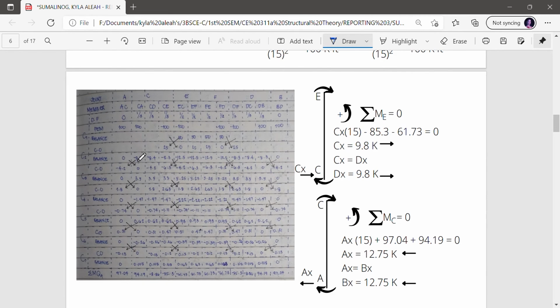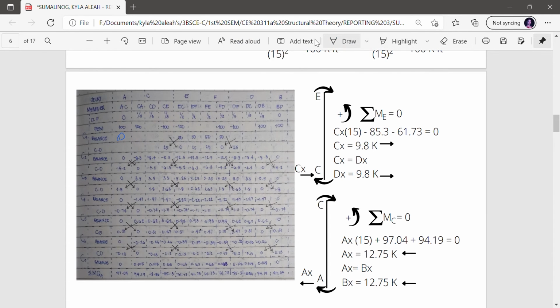So on joint A, we have here a member AC. The total FEM of that is only 100. So 100 times 0, which is the distribution factor, that will be 0.